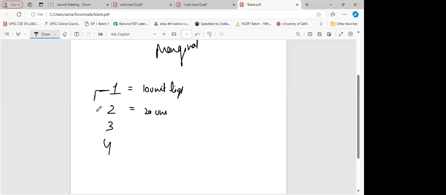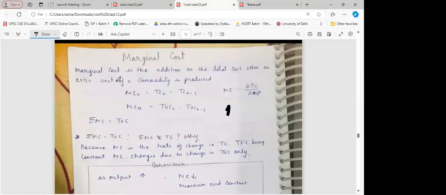Every time you produce one extra unit of chocolate, you are giving an extra electricity bill. That is called marginal. For producing one extra unit of a commodity, how much extra cost you are giving? So marginal cost is the addition to the total cost when an extra unit of commodity is produced.